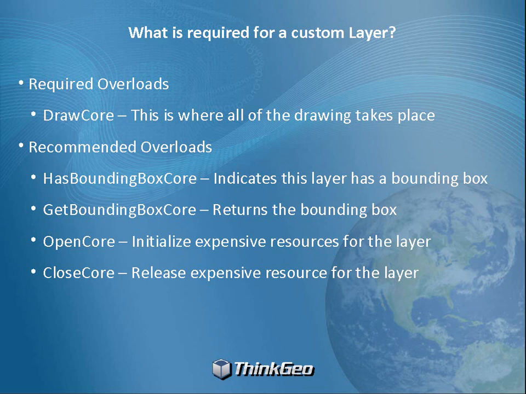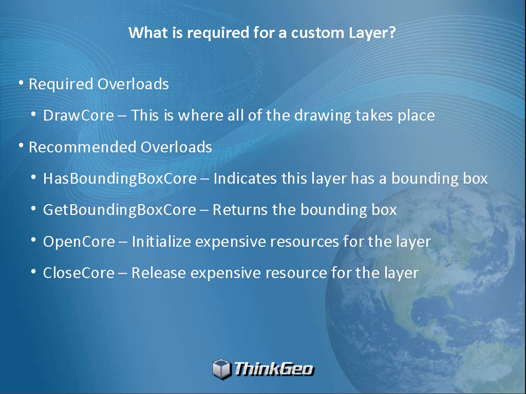On the recommended overload side, there's just a couple of them. The first one is HasBoundingBoxCore, and that one is matched up with GetBoundingBoxCore. This just indicates if the layer you're creating has some concept of a bounding box, or there's some way that you can get the bounding box of all the shapes, then it's useful to users to have that. HasBoundingBoxCore is a get property that you override, and right now by default it's false, and you would override it and pass back true.